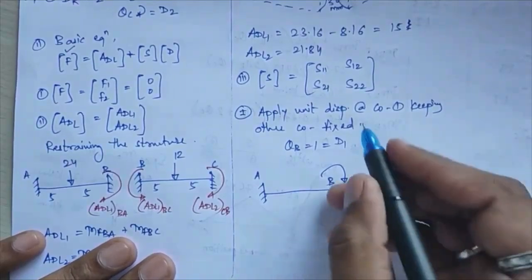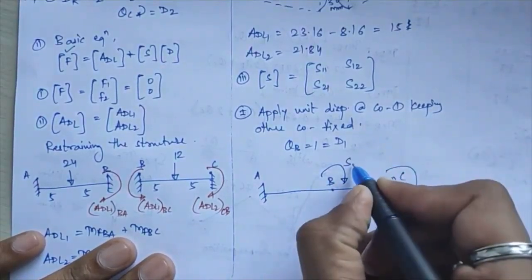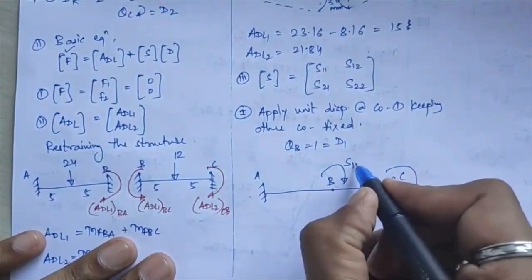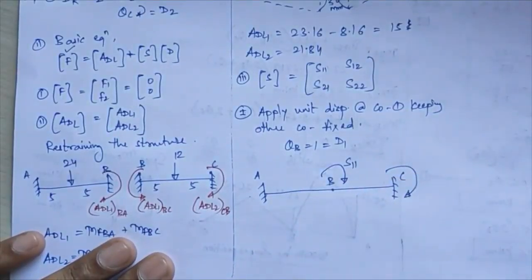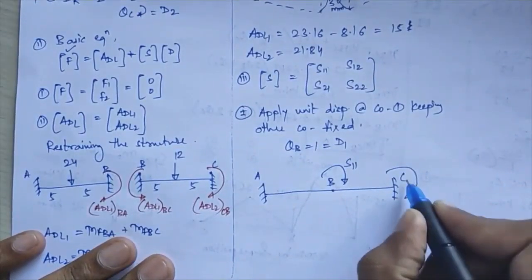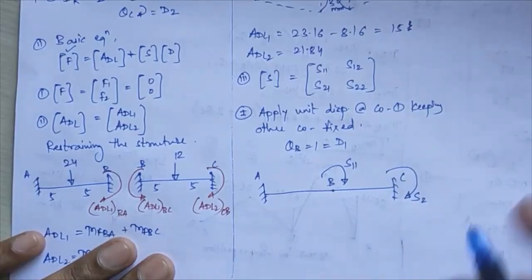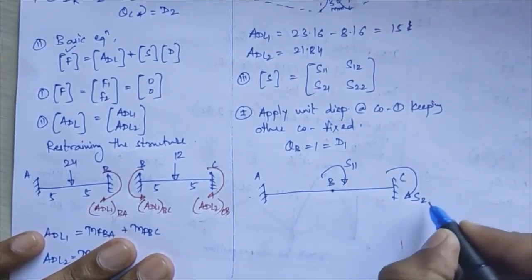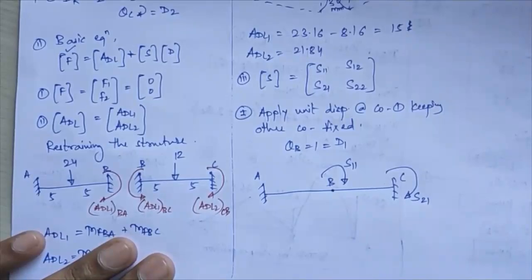So here for the first, you are calculating stiffness at the first coordinate when unit displacement is applied at the first coordinate, so you will get S11. Here you are calculating stiffness at your C point, that is at the second coordinate, when unit displacement is applied at your first coordinate, so you will get S21.